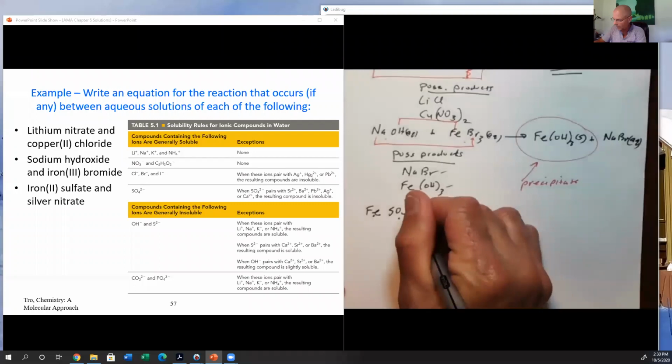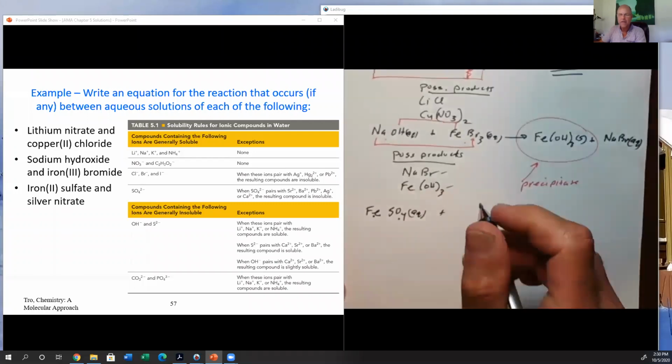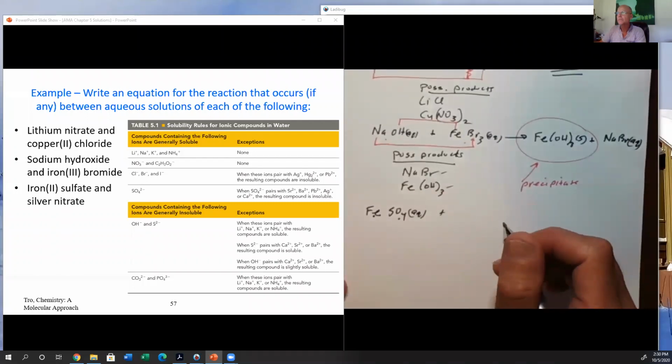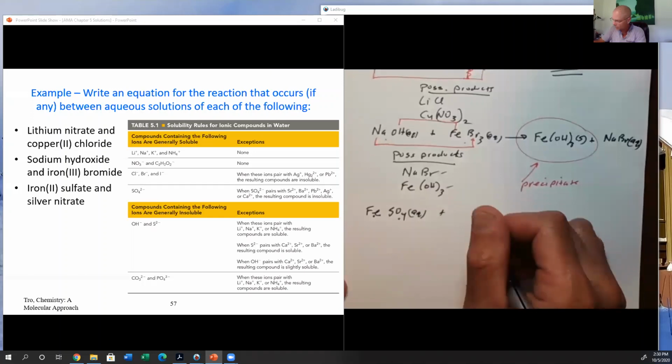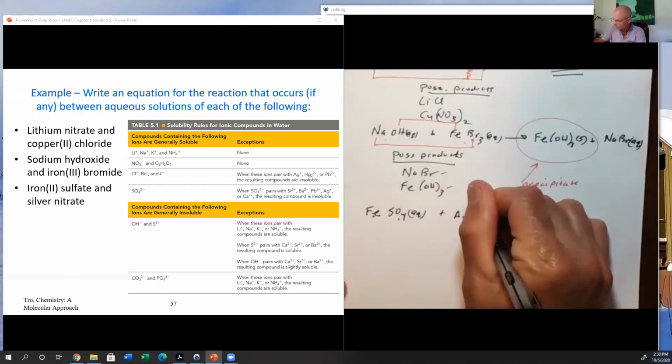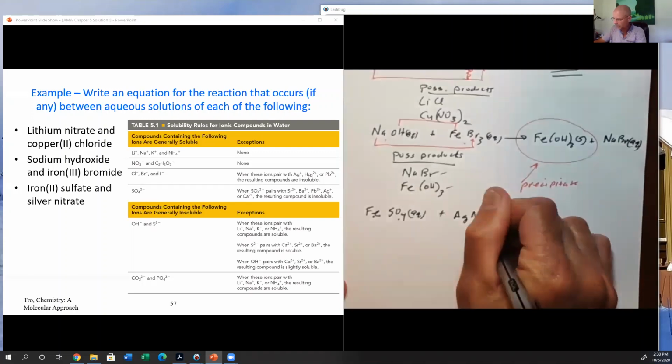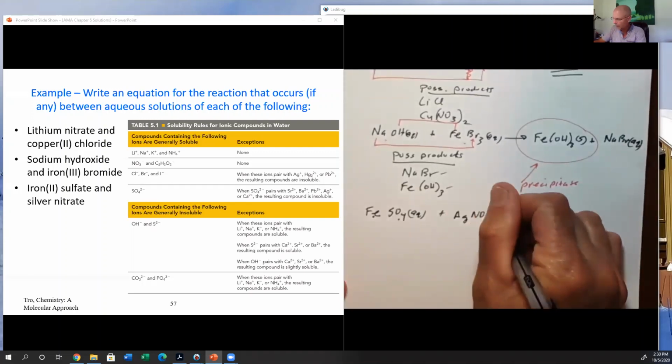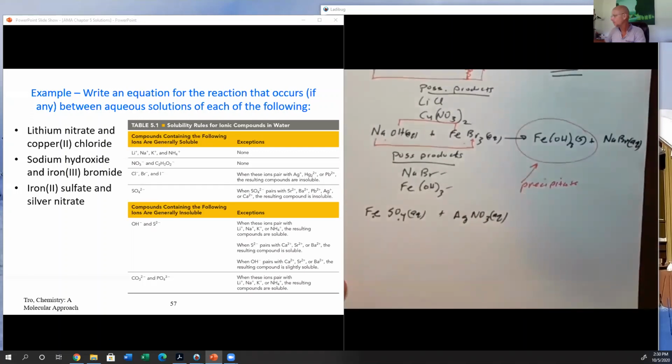That's fine, just like that. And that's reacting with silver nitrate. Ag is +1, nitrate is -1, so that is 1 to 1. So there are my two reactants.